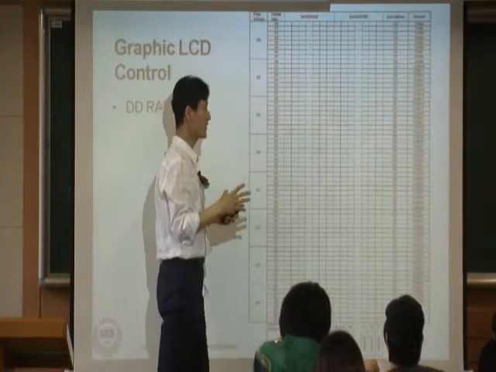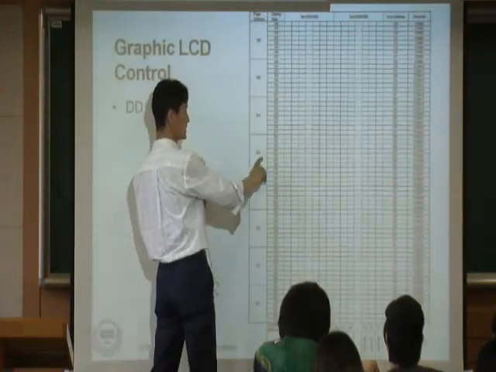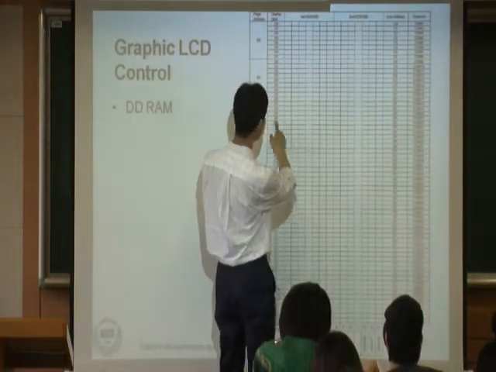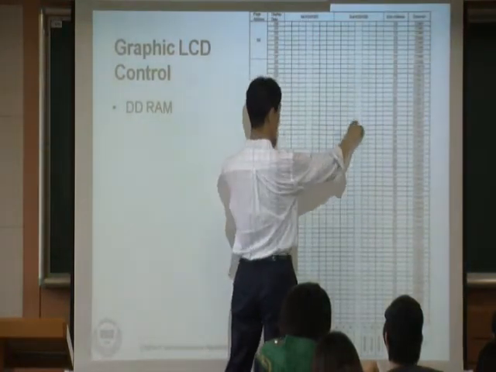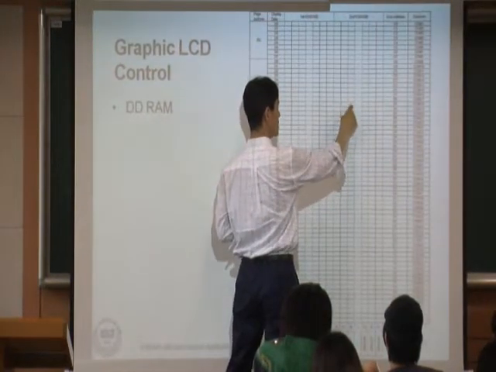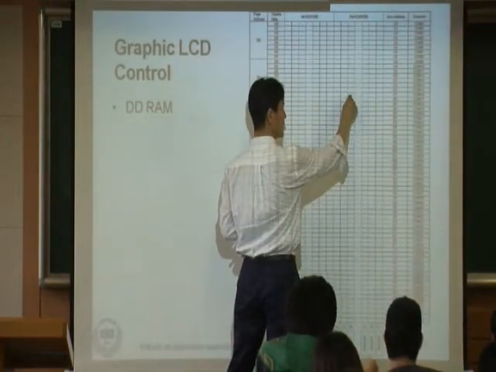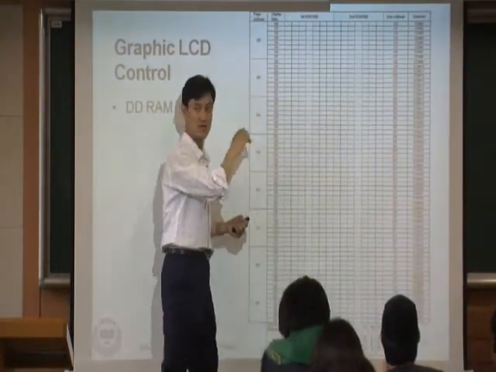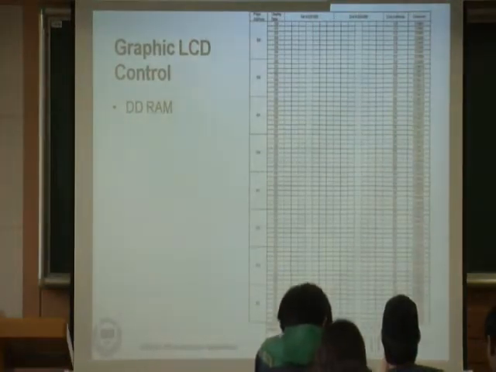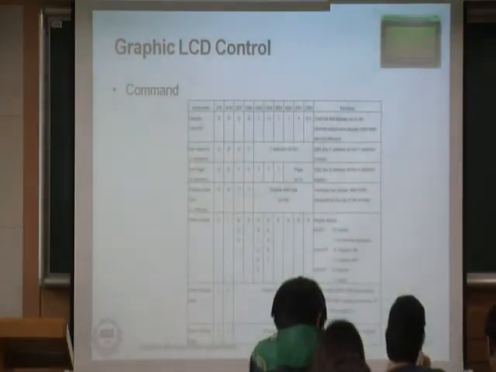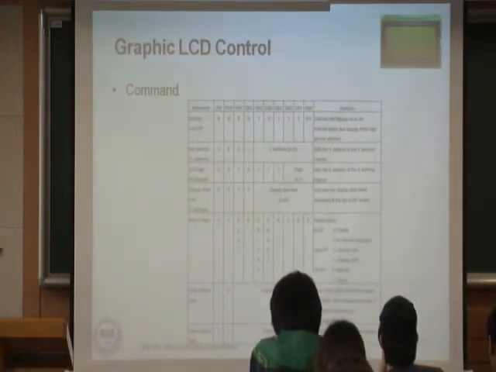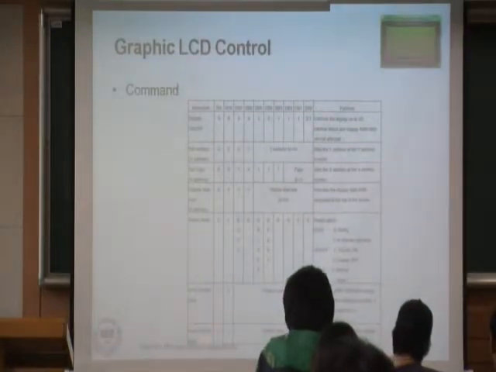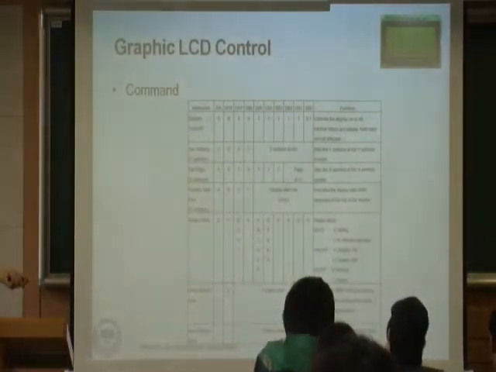For example, if I select the column address BA and the row address 41, then you are selecting these 8 bits. Okay? And by setting 101010, you can have this particular pixel to be black, that particular pixel to be black, something like this. So that's how you can display some graphic. This is a command. In graphic LCD, you also have a command mode and a data mode. So this is the command mode.